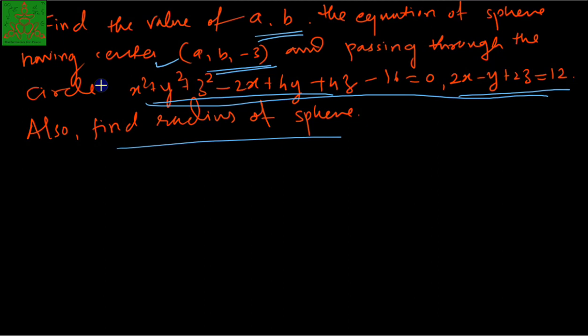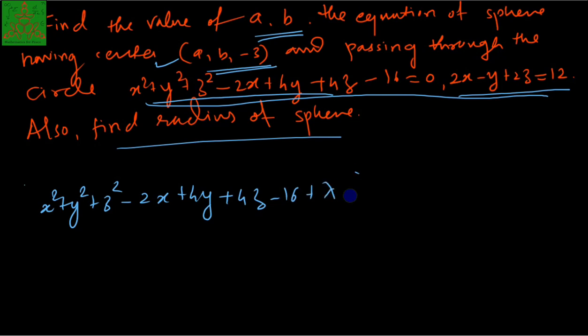So we know that the equation of the sphere passing through this circle can be represented as x square plus y square plus z square minus 2x plus 4y plus 4z minus 16 plus lambda times 2x minus y plus 2z minus 12 equal to 0. So the equation of the required sphere is this.